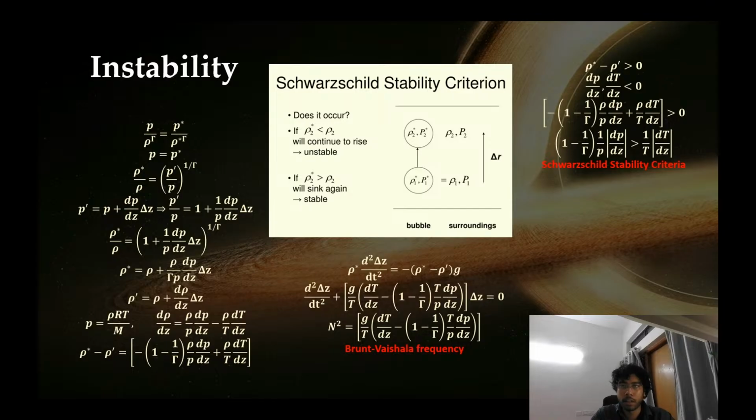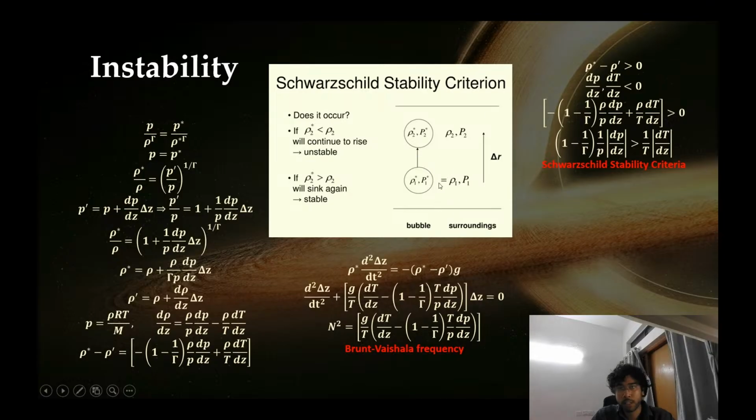As we know, for the pressure and temperature of a fluid, dP/dz and dT/dz are negative, if z is in the upward direction. So as we go down in the fluid, the pressure and temperature both will be higher at the bottom of the fluid.